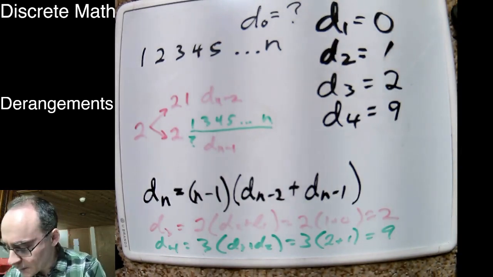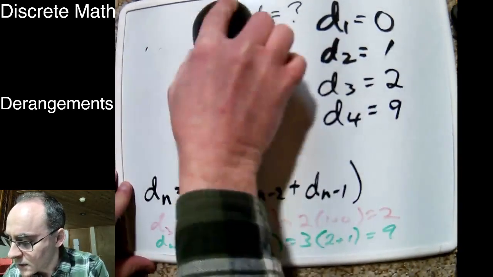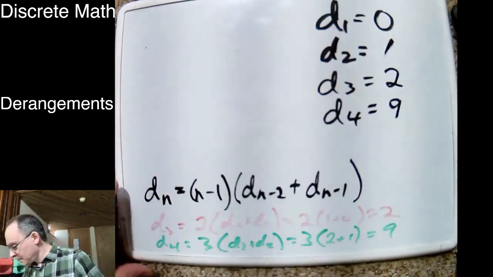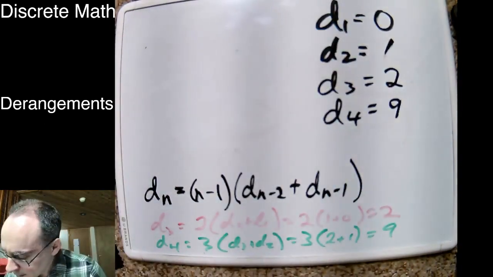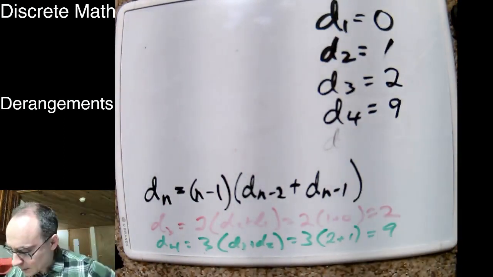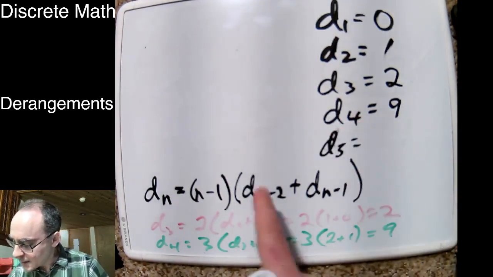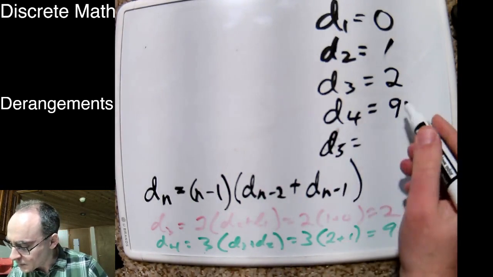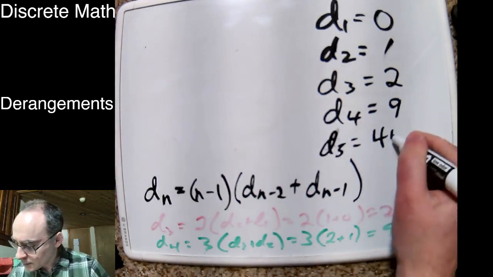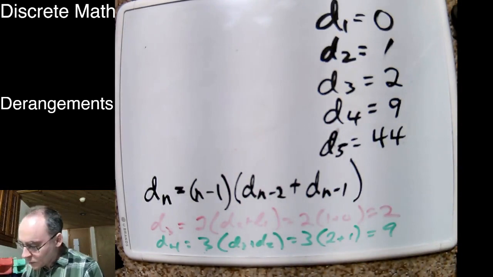By the way, let's just fill in a couple more elements in this series, just out of curiosity. This lets us say d5 will be 4 times the previous 2 added together, so that's 4 times 11, so that's 44. And we could even go d6.